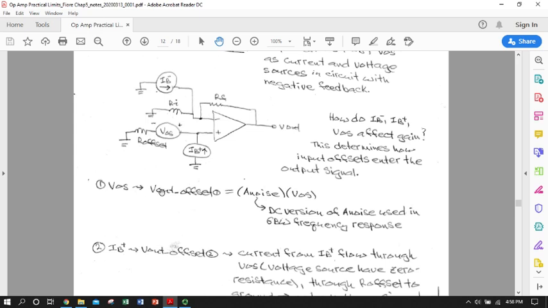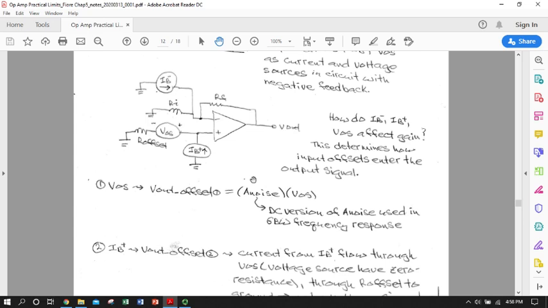How does VOS affect the output? Well, it's a voltage source that's only being applied to one terminal, so it's creating a differential voltage, so we could probably multiply it by a gain.